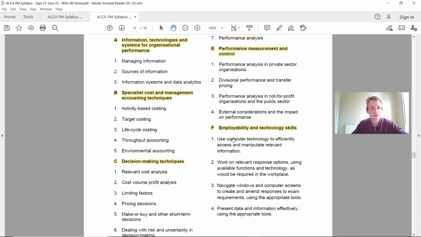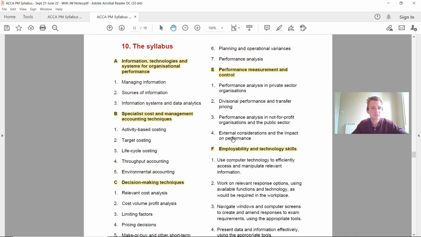So in other words, you've got all the different areas, 6 of them in total, and you should be asking yourself here, what do I need to know for cost and management accounting techniques? Well, I need to know how to do activity-based costing and target costing and lifecycle costing. Because this will be what I'd have pinned up on the wall, checking them off one by one, as a final revision technique.